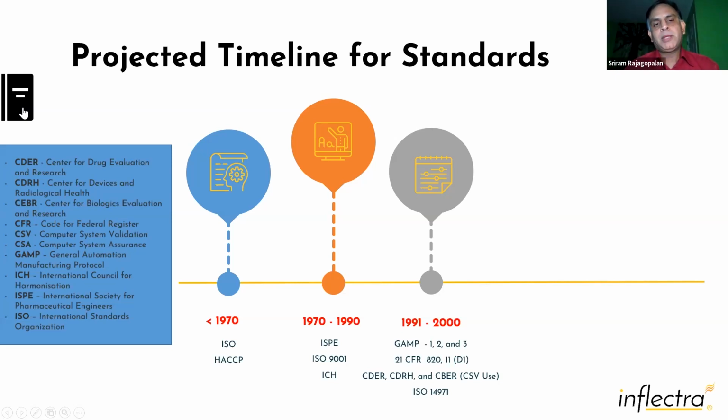And what that meant is large organizations like the Center for Drug Evaluation and Research, Devices and Radiological Health, and Biologics Evaluation and Research started using the CSV processes in their process of delivering products, services, and results.